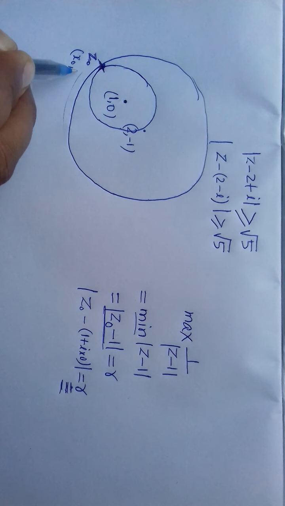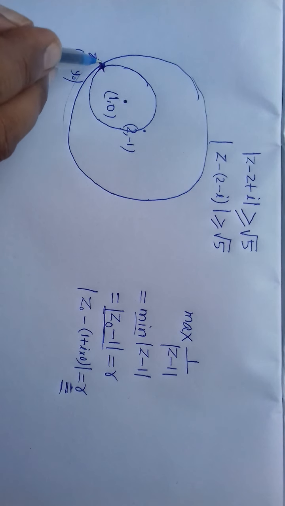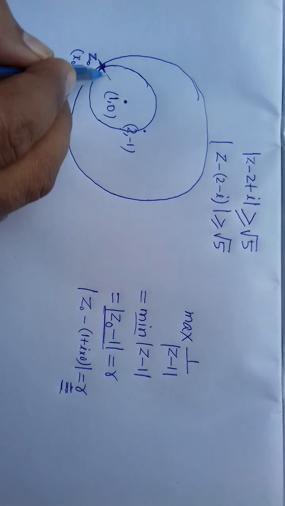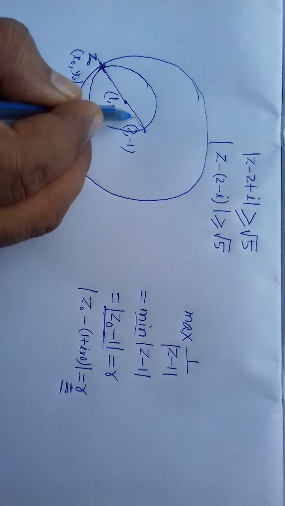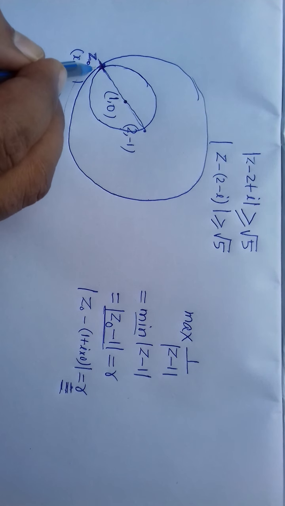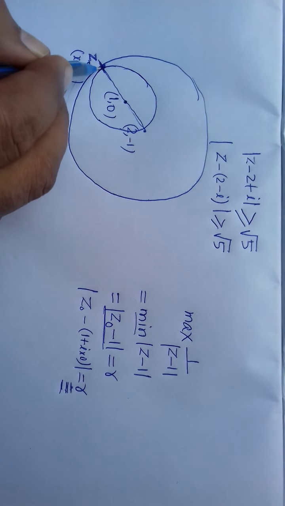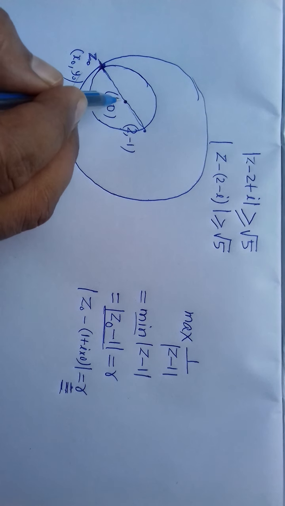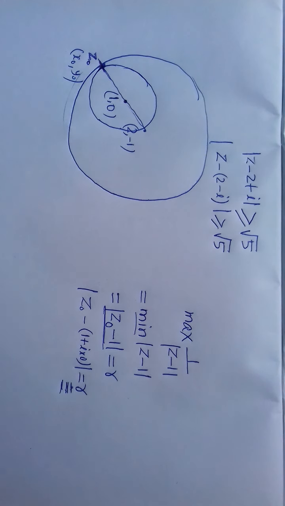Suppose this is (x naught, y naught). We can get that these three points lie on a straight line: the touching point and the centers.